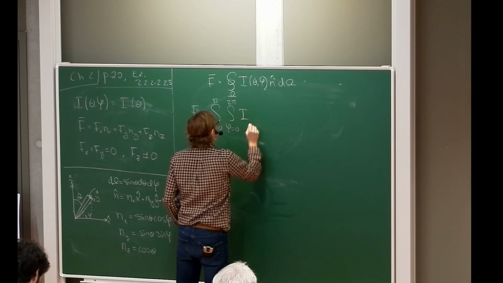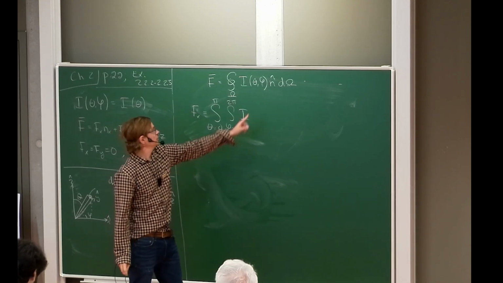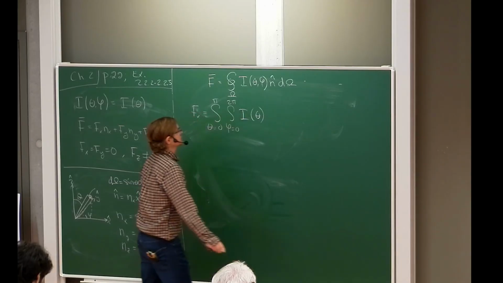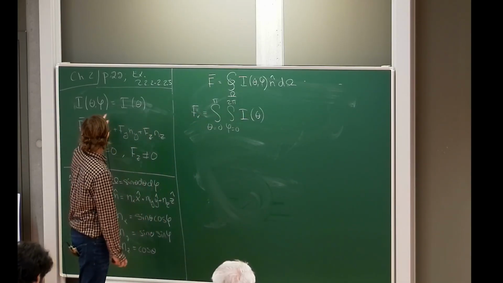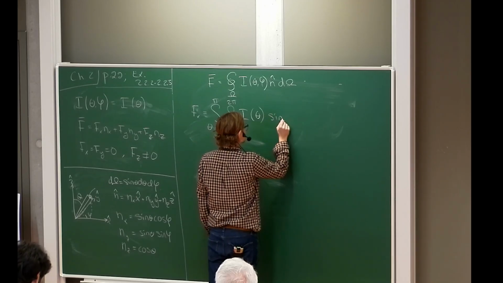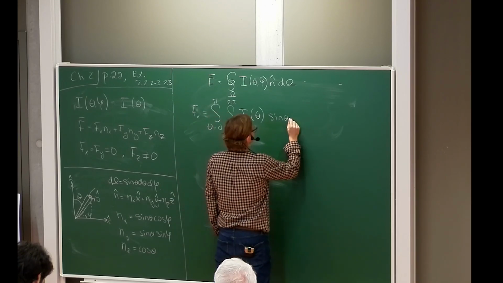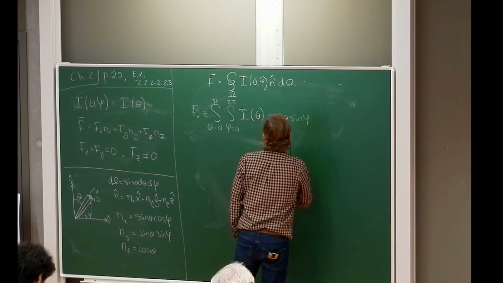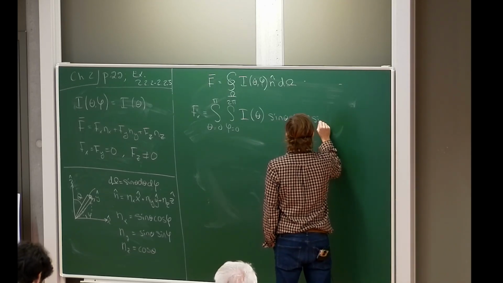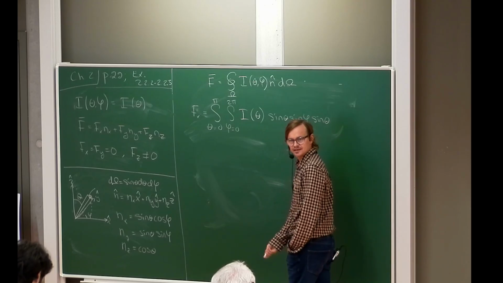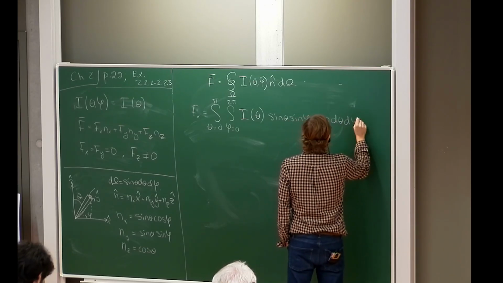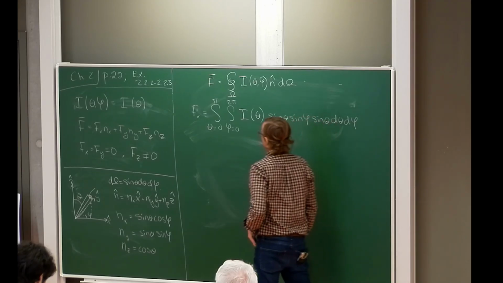And now our intensity here is not a function of phi, but only a function of theta. Our x hat component is sine theta sine phi. And then we have a sine theta d theta d phi in the d omega.